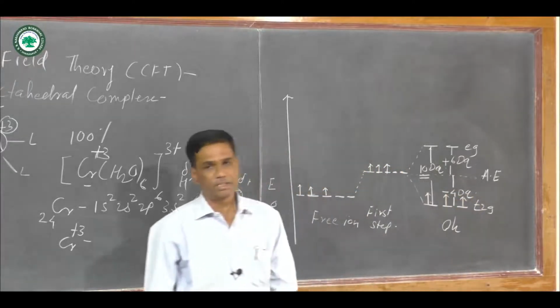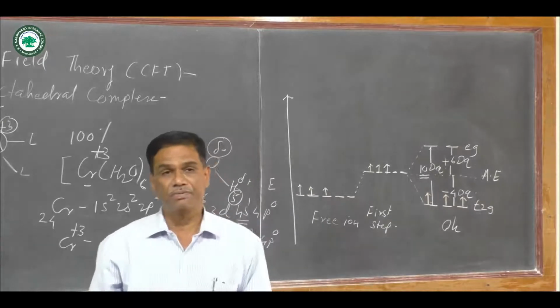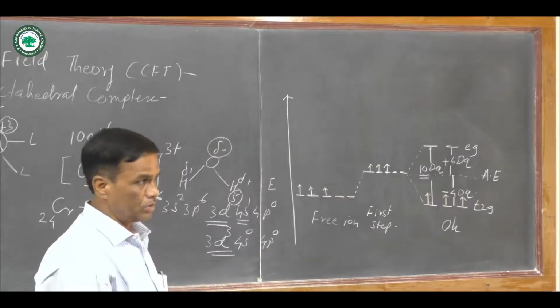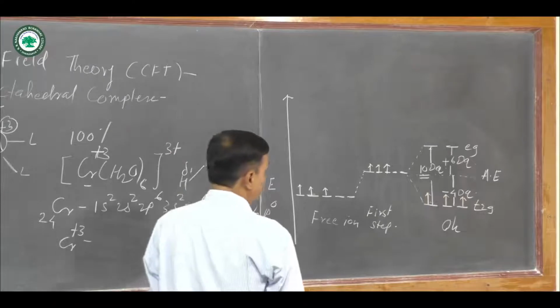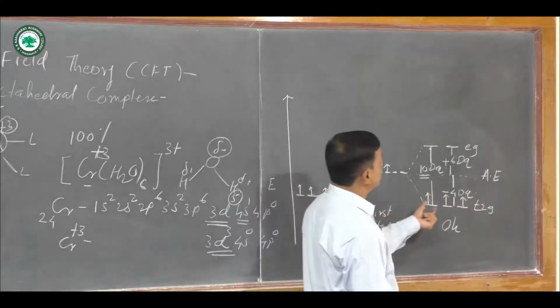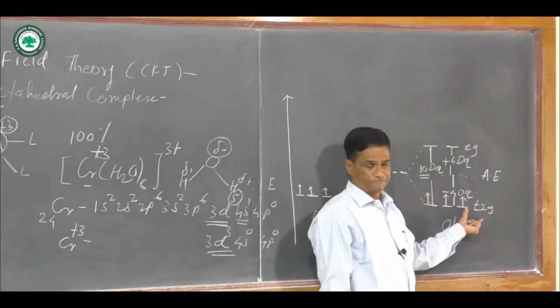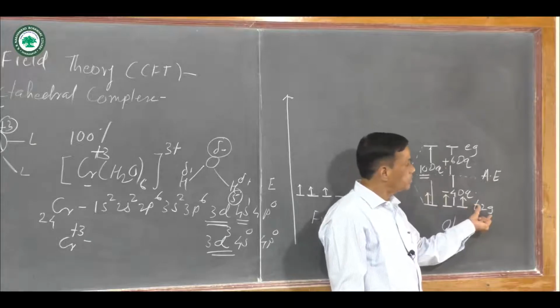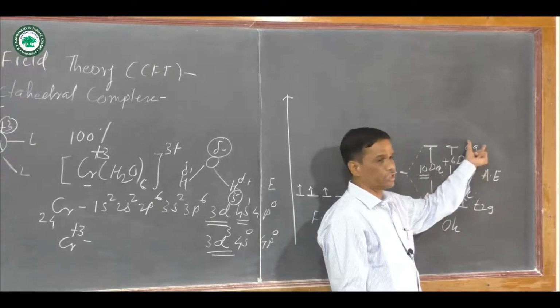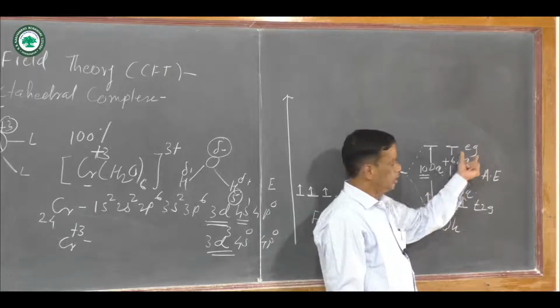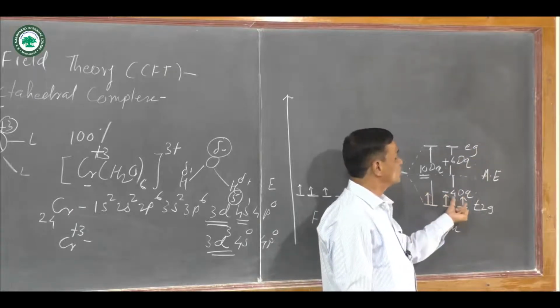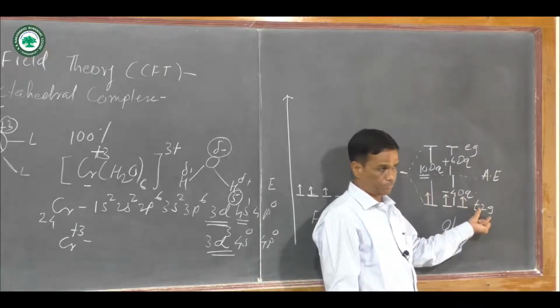For filling the electrons in the crystal field energy level diagram, there are some rules. The first rule is that electrons go to the lower energy. You know that T2g has lower energy as compared to the Eg orbitals, therefore these electrons go to the lower energy.